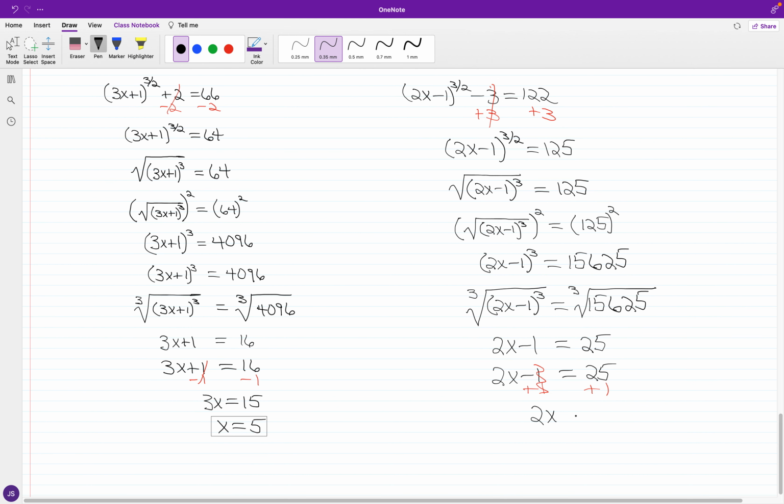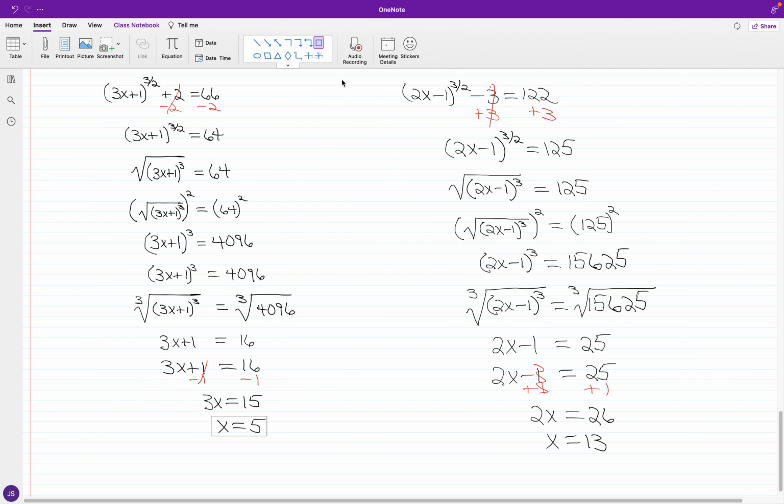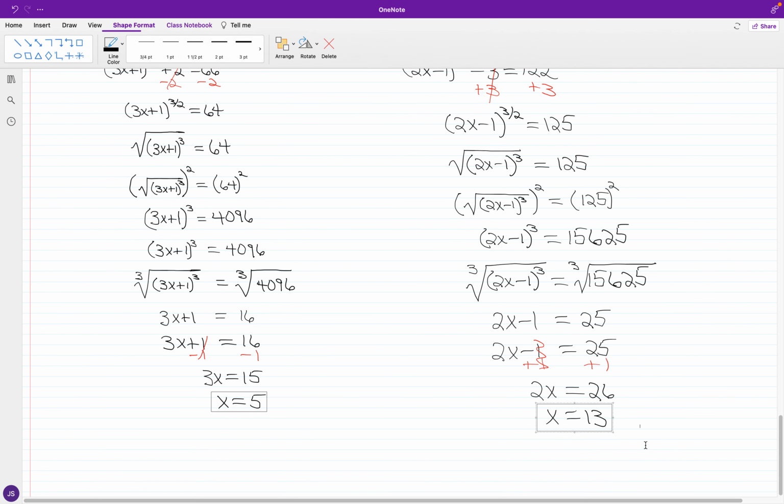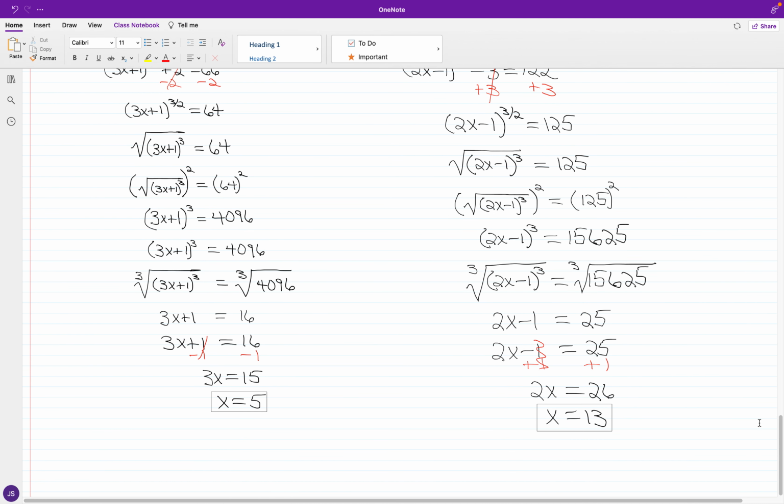Isolating the 2x by adding 1, I have 2x is equal to 26. And we have a division by 2. It will come out to x is equal to 13. All right, so quite a bit of work entailed with the radical equations, especially if you got two radical terms, and also if you have non-integer exponents.